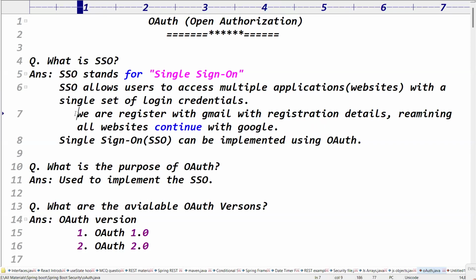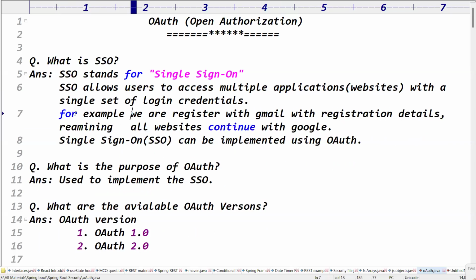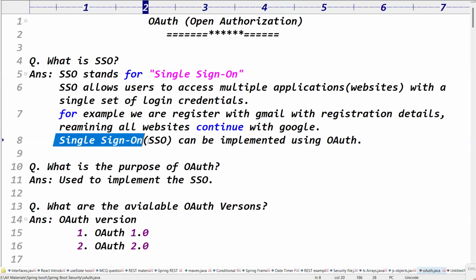For example, we are registering Gmail with registration details. Remaining all websites, continue to Google. How can this SSO be implemented?